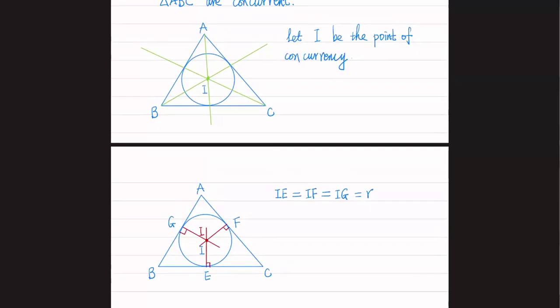We have a point, we have the radius, then we can draw a circle. This is the circle.